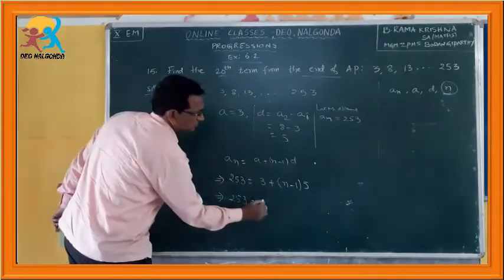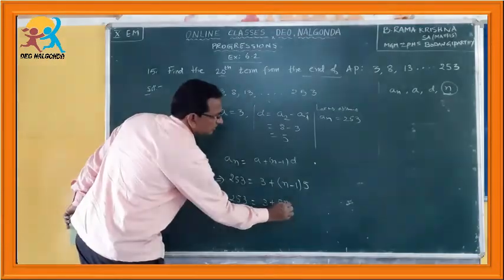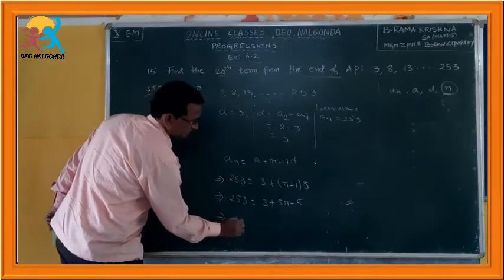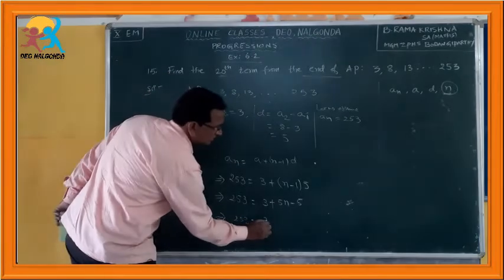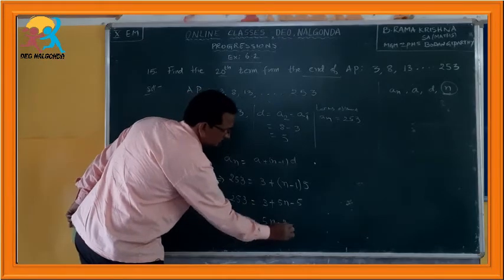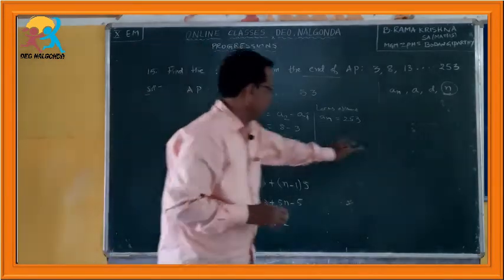253 is equal to 3 plus 5n minus 5, which implies 253 is equal to 3 minus 5, which is minus 2. Let me write it like this, 5n minus 2.